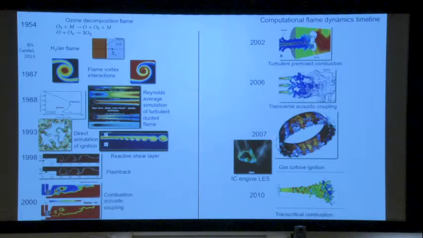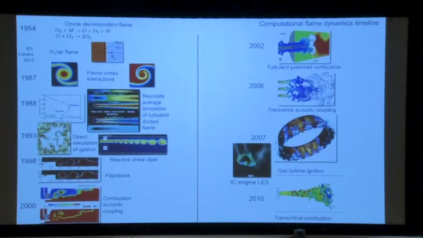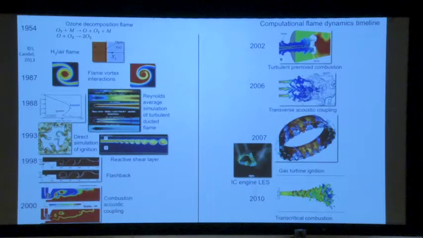So as we go on, we now have complex geometry, the injection of a liquid phase and ignition in this circumstance. This was done at Fairfax. There is also a lot of work in IC engine LES now.